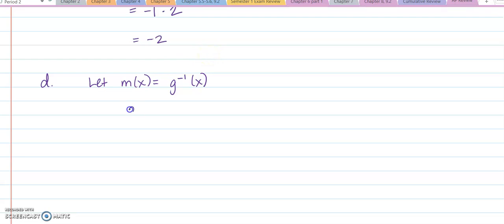Okay, so we know that g of 1 is equal to 2, therefore m of 2 is equal to 1. I think that's an important step to take.